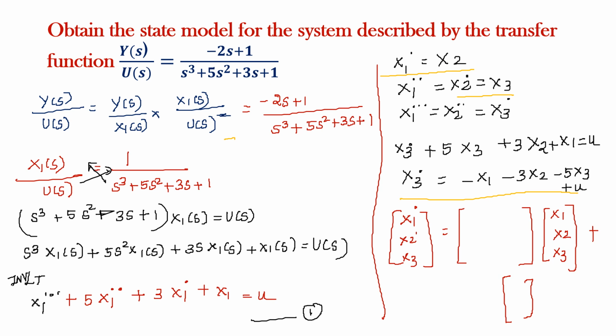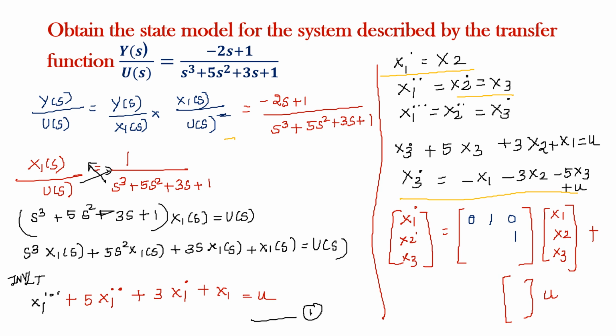Here you have to write the values. So first, what is the value of x1 dot? x1 dot equal to x2. Put 1 in x2. Remaining values are 0. And what is x2 dot? x2 dot is x3.